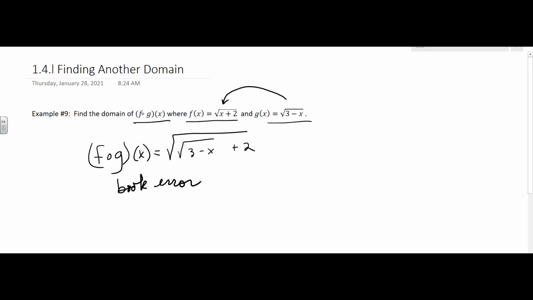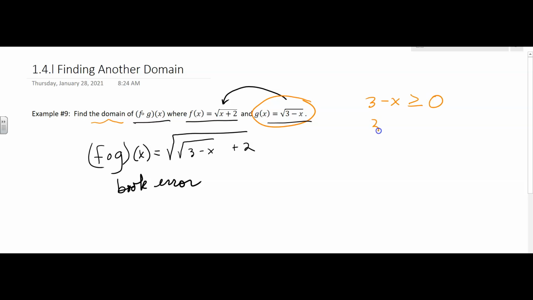What I'm going to do is look at the domain, because that's what the question asks. So it says, find the domain. Well, you'd have to know the domain of g of x first of all, right? So for that, we have to say 3 minus x, the radicand part, the stuff under the radical, has got to be greater than or equal to 0.